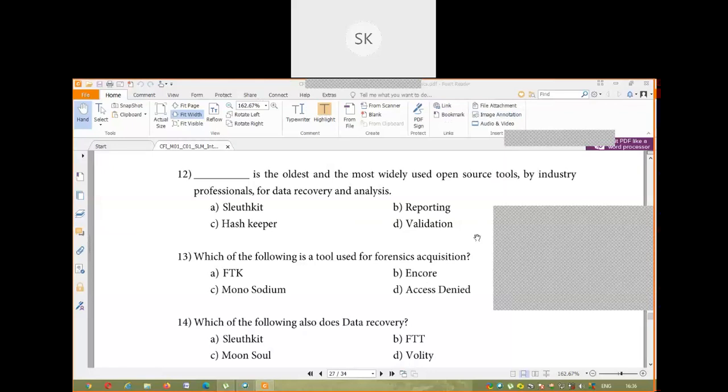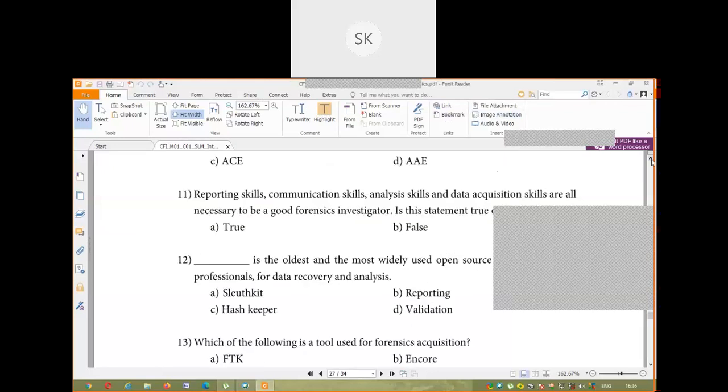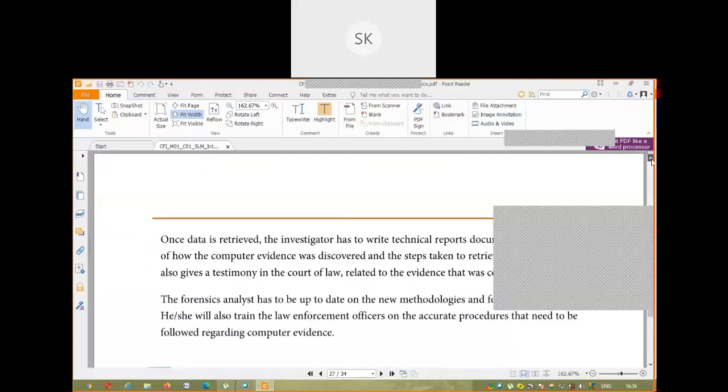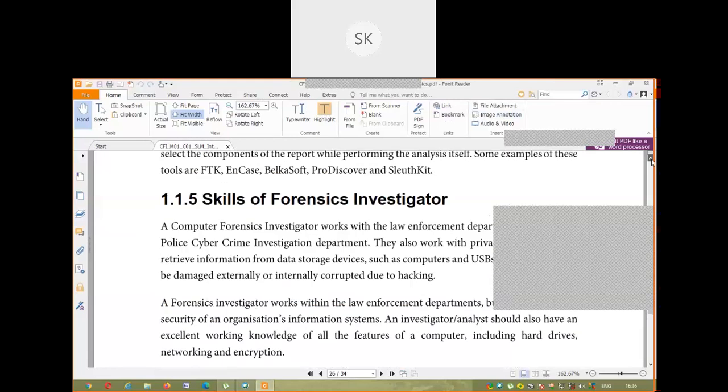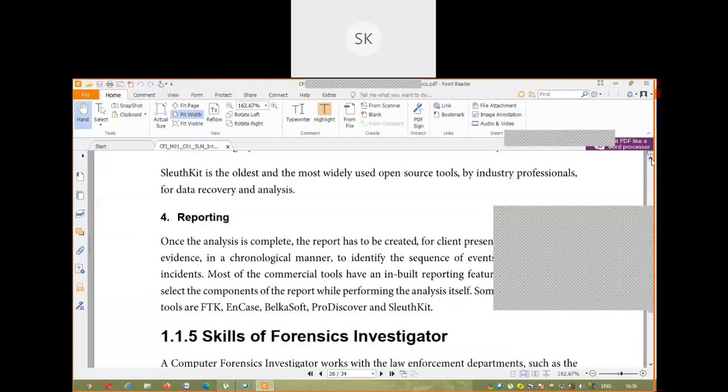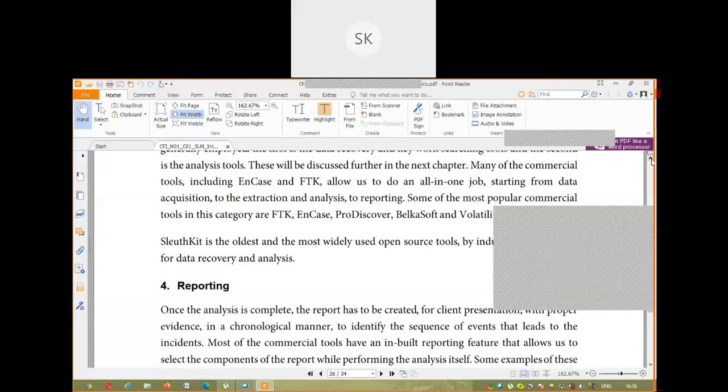Most of you are giving C. Let's see. Data recovery. But I think it is A. Sleuth Kit is the oldest and most widely used, as I mentioned. We have to use these tools for data recovery maybe tomorrow or Sunday.